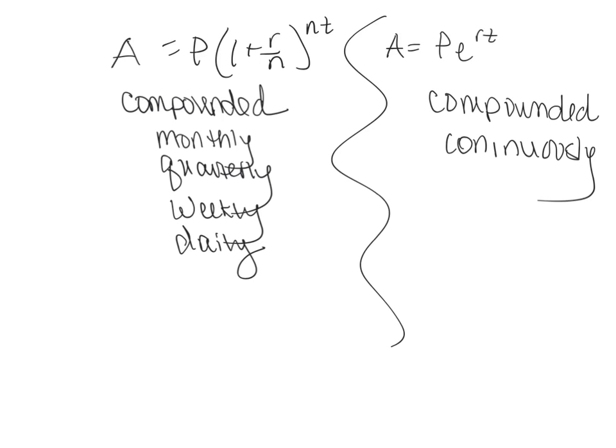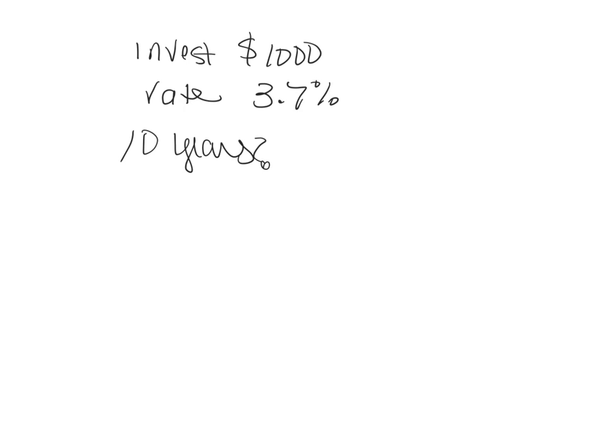All right. Okay, for the sake of time and getting this done, I'm not going to write the whole word problem. Here's the gist of it. We're investing $1,000 compounded continuously.